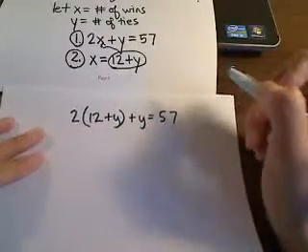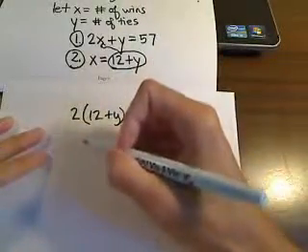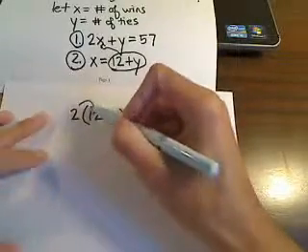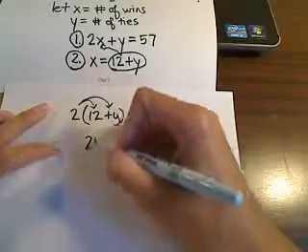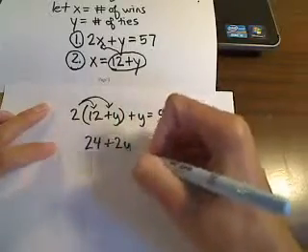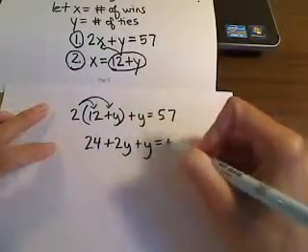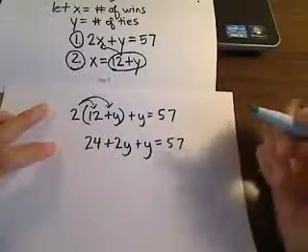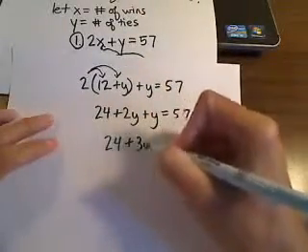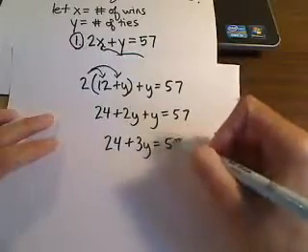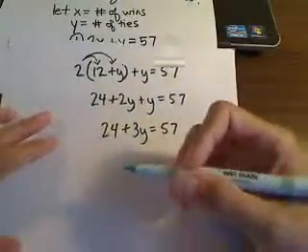You're going to have parentheses around the whole thing. We need to take the 2 and distribute now, because we're solving for y in this equation. So this is 24 plus 2y plus y equal to 57. And so this is 24 plus 3y equal to 57.